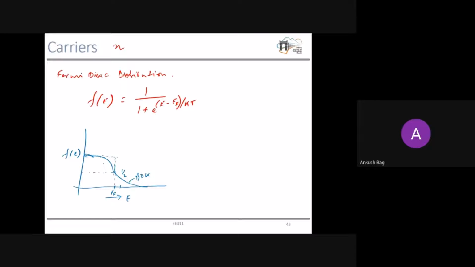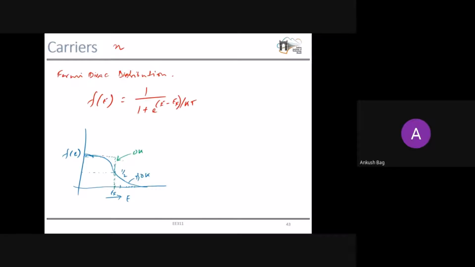It says that above 0 Kelvin, the probability of finding an electron above the Fermi level EF will gradually decay. That means the more the energy, the less and less will be the probability of finding an electron at a higher energy level. Remember, this is at T greater than 0 Kelvin, and this dotted square is at 0 Kelvin. So this is the distribution at 0 Kelvin.